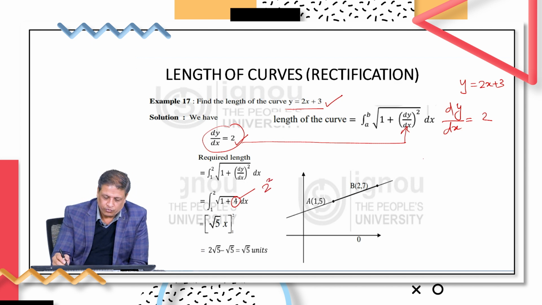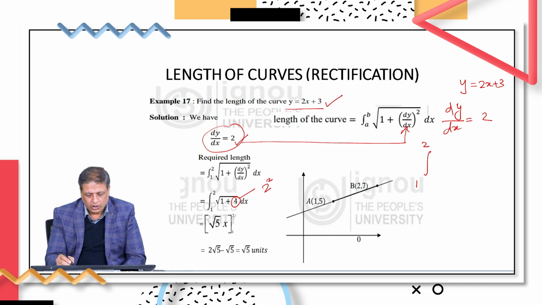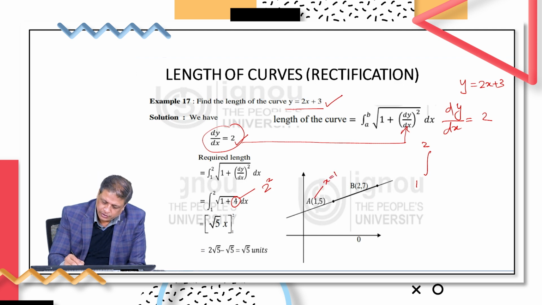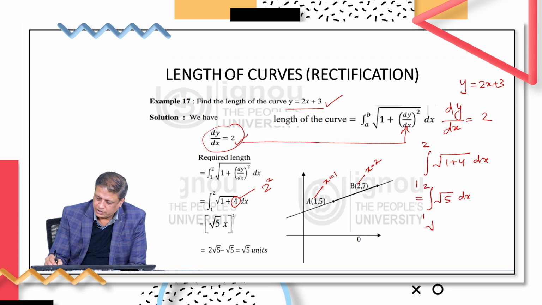Using this in the formula, you can write this expression as the integral from 1 to 2, because in the figure, one value of x is 1 and the other value of x is 2. So, you can write it as the integral of the square root of 1 plus 4 dx, that is the square root of 5 dx, that is square root of 5 x, to be evaluated in the range 1 to 2.